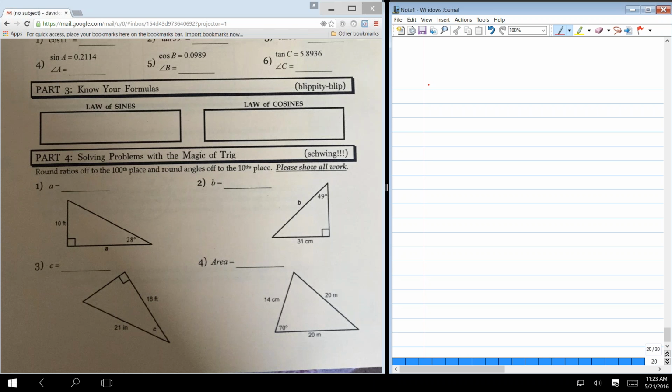Correct. So what's the equation? Inverse cosine of 18 over 21 equals C. Good. What do you get? 31. Rounded to the tenths place? Yeah, 31.00. No, excuse me. Okay.